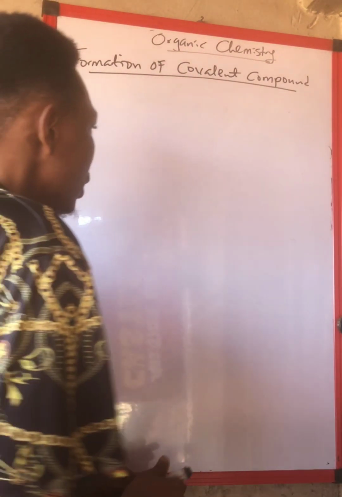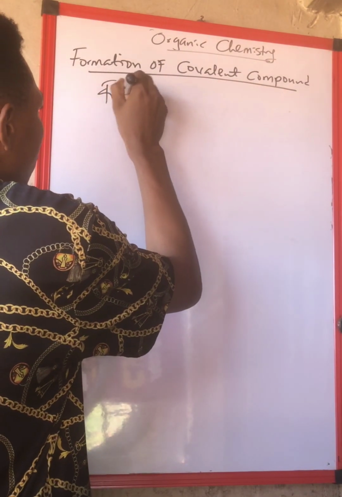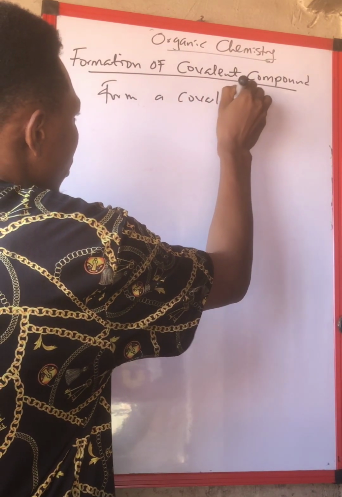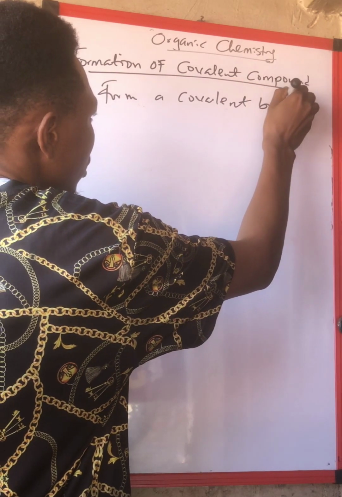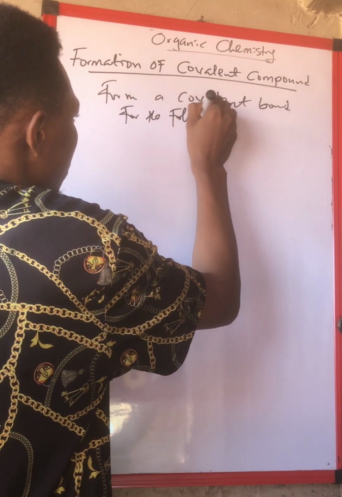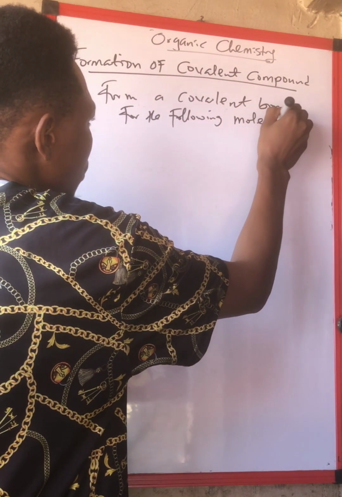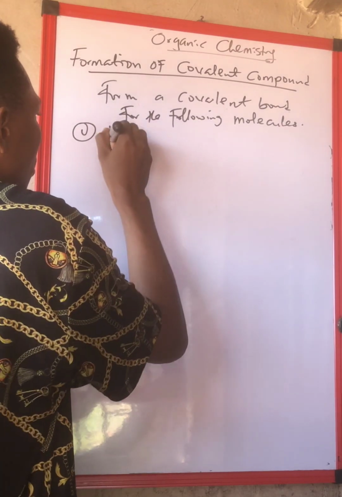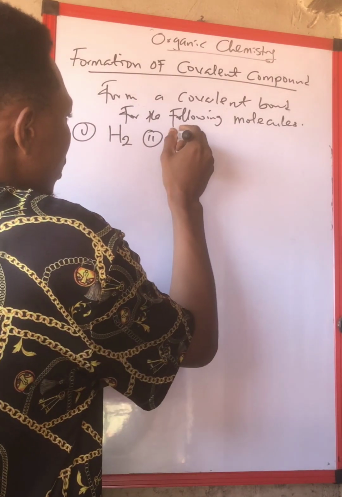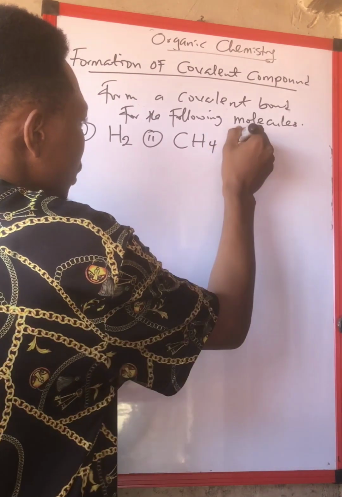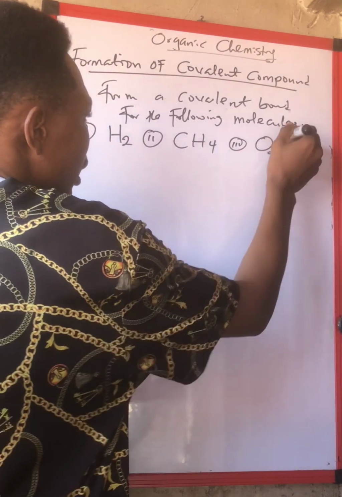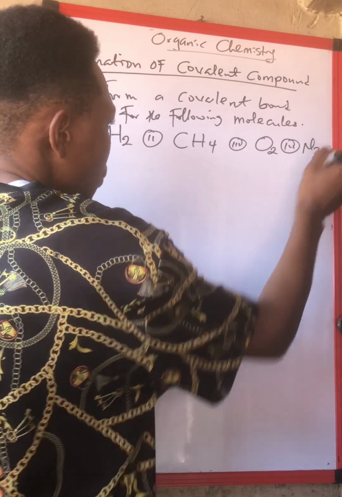If you are asked to form a covalent bond for the following molecules: number one, H2; number two, CH4; number three, O2; and the last one, number four, N2.